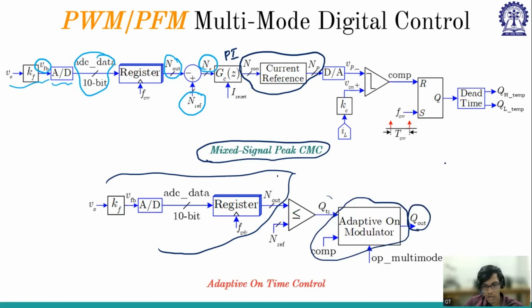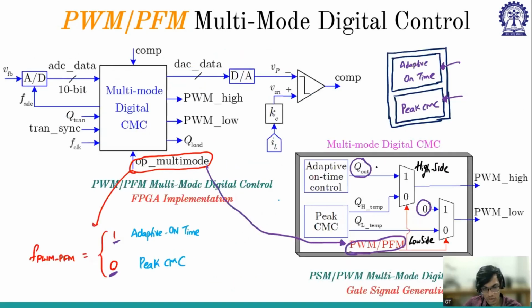So now these blocks are Q out and QH temp. Now we have to write the mux code for PWM and PWM low, including the PWM PFM multimode digital. Again, this is not PSM, this is PFM. These small changes I will modify and then update the final PDF in the drive.